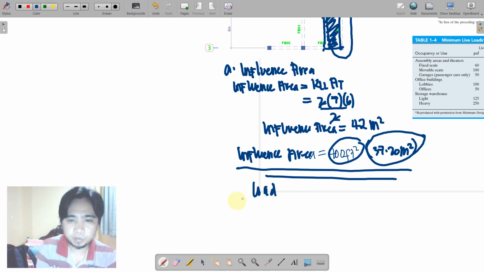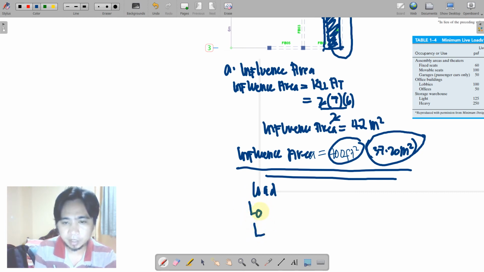By the way, we have two variables of the loading here. We have LO as the unreduced live load, and L as the reduced live load. LO is denoted as the original live load, and L is the revised or reduced live load.